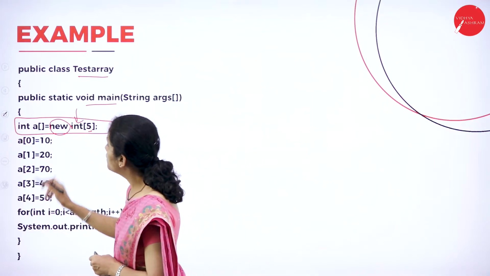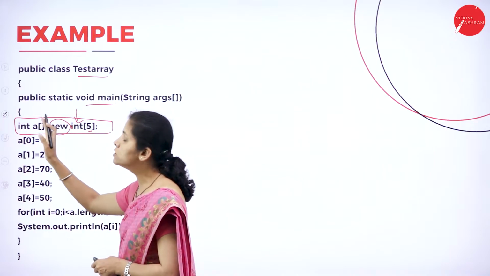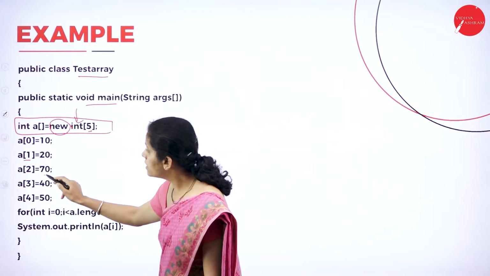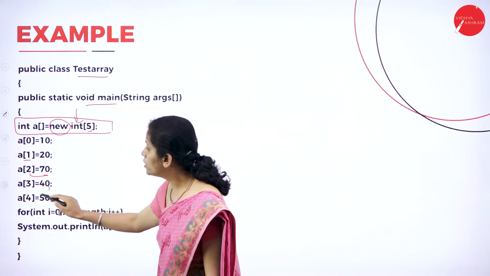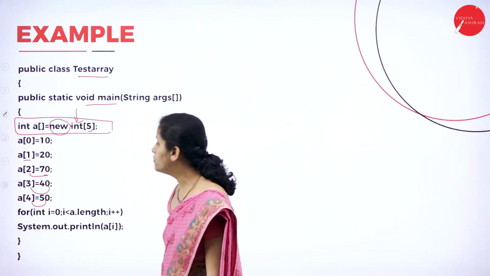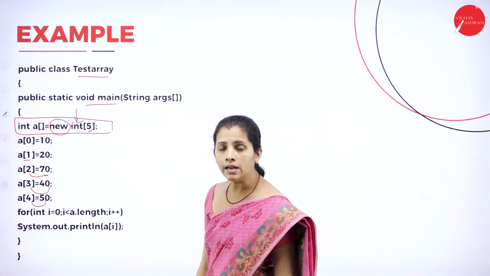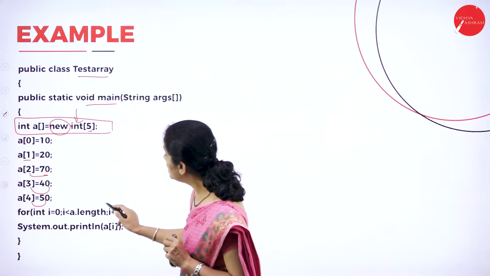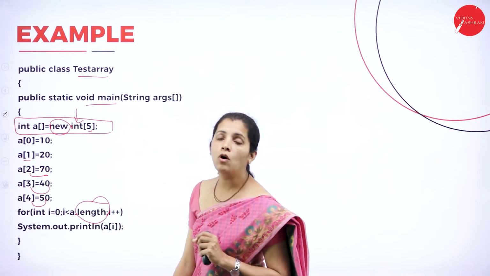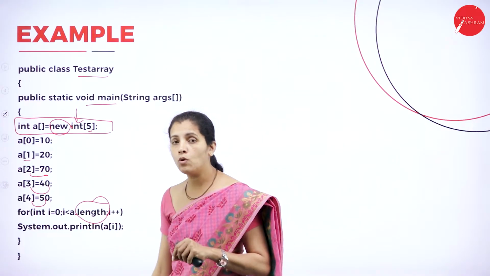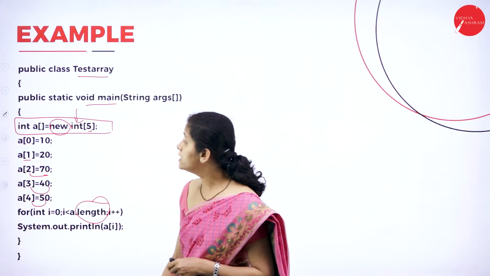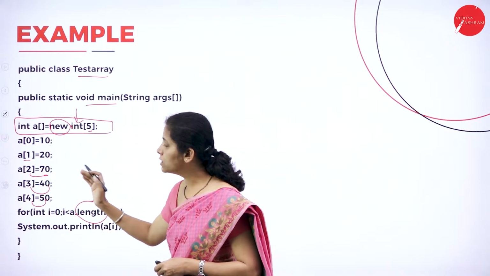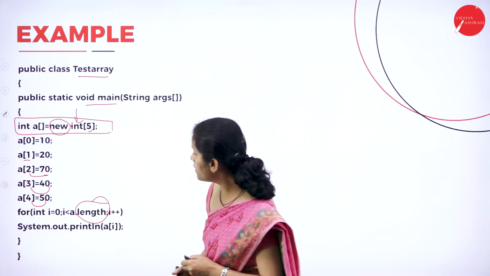And I'm going to assign 10 to the 0th location, 20 to the first location, 70 to the second, 40 to the third, and 50 to the fourth location. And in an array, we have the property called length. When I call this property in my program, it returns the total length of the array. And what is the total length? Here it is 5.